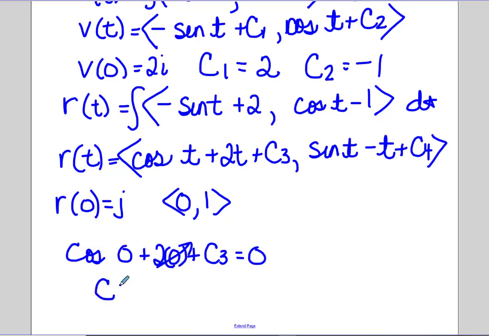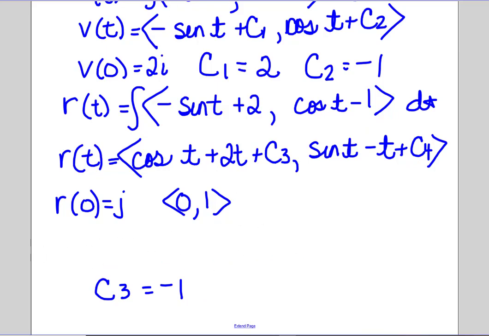That makes c sub 3 negative 1. And then this part over here, we've got the sine of 0 minus 0 plus c sub 4 has to be j, and j is 1. So the sine of 0 is 0. That means c sub 4 is 1. So we know c sub 4 is equal to 1.